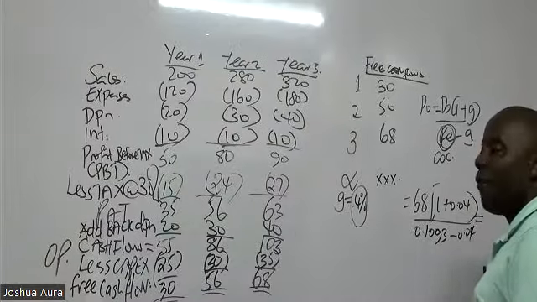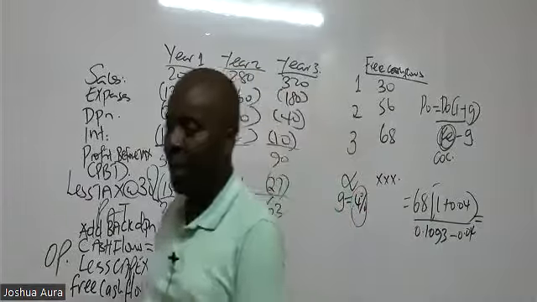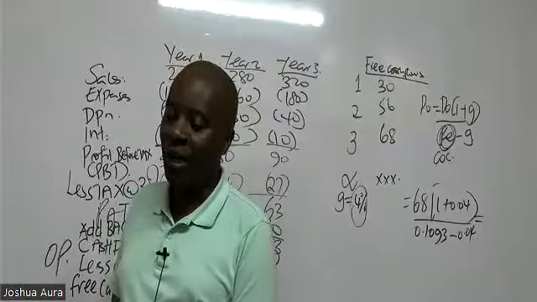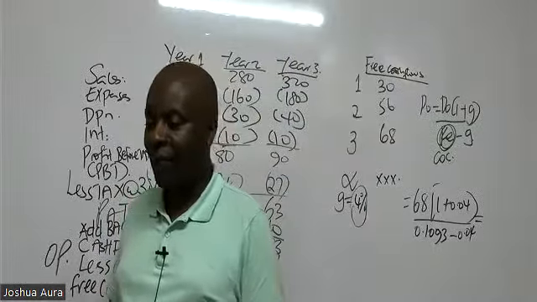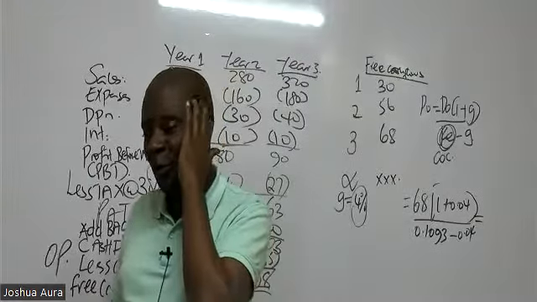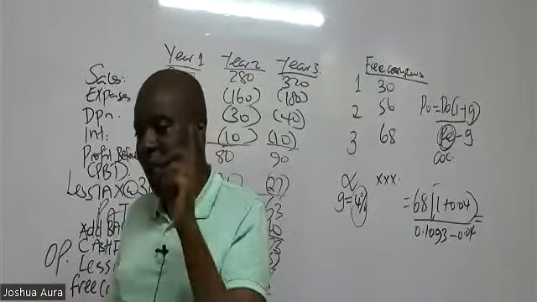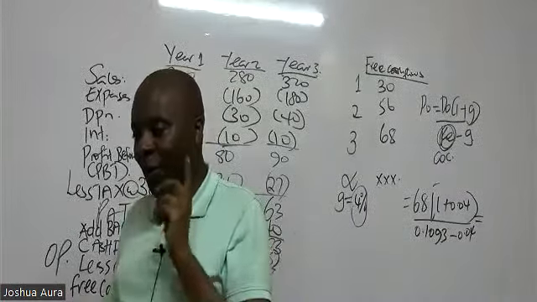So here you have to go very slowly. First of all, give me the numerator alone: 68 times 1.04. What figure are we getting?